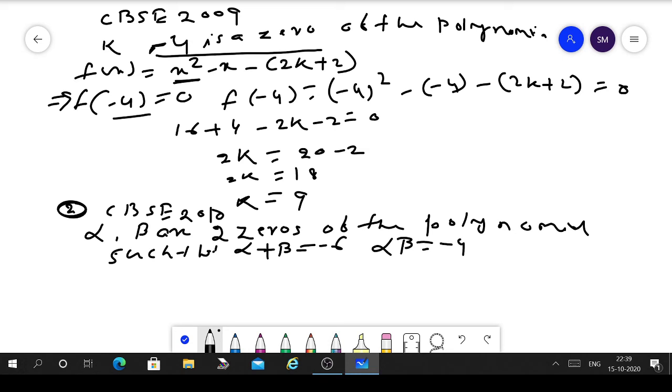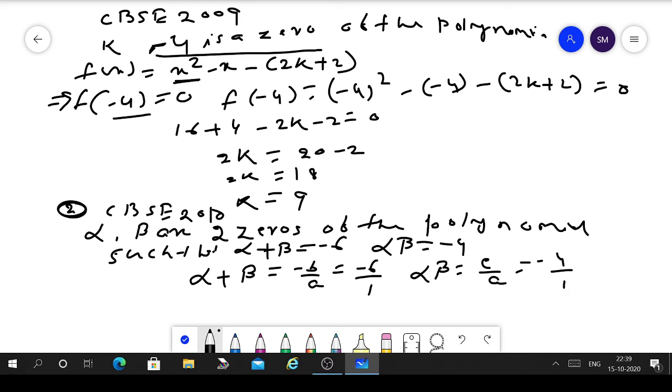As we know the identities, alpha plus beta is minus b by a. Here alpha plus beta is -6, which means -6 upon 1. And alpha into beta, according to the identity, is c upon a. Here this is -4 upon 1.